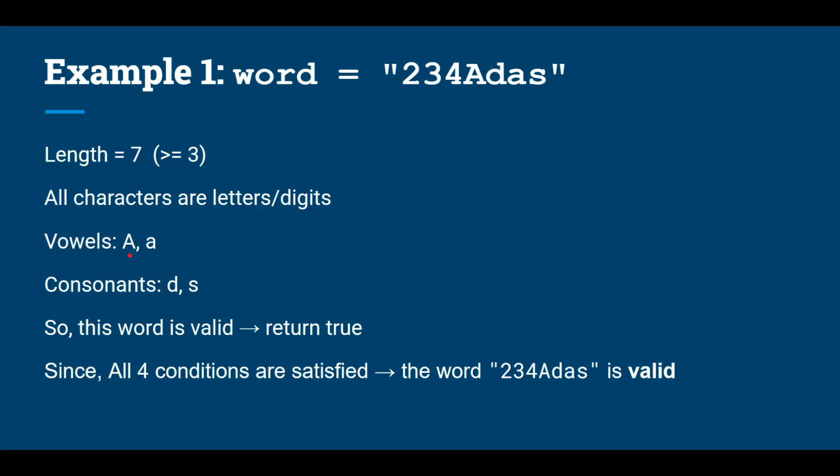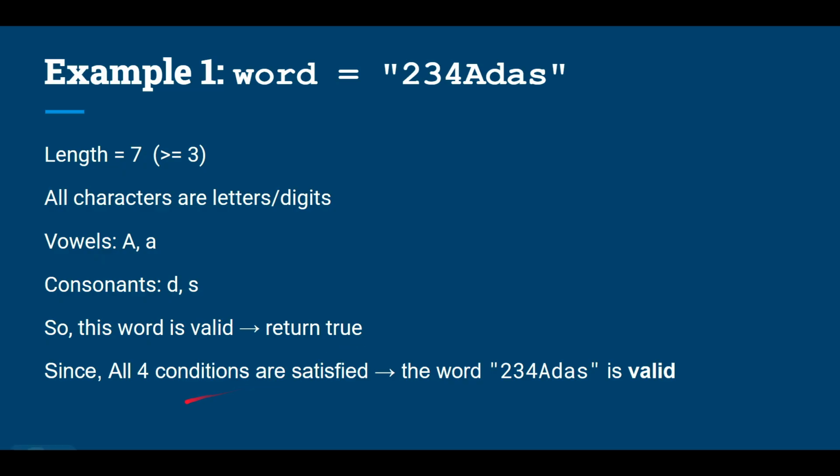Then we'll check the vowels: A and E, in lower and uppercase, it's a vowel, so the third condition is also satisfied. Condition 4 says there should be at least one consonant, and D and S are consonants. It means all four conditions, 1, 2, 3 and 4, are satisfied. It means this is valid, and we'll return true.